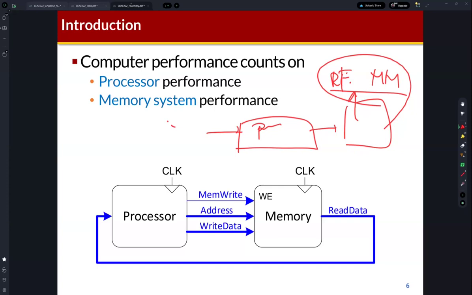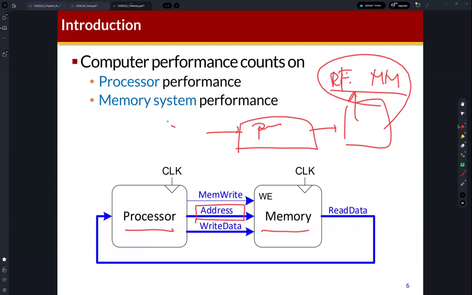What can you see? You can see the processor, and then you can find the memory. The processor needs to read data and instructions from the memory, and also needs to store data to the memory. In order to access the data in the memory, what is required?